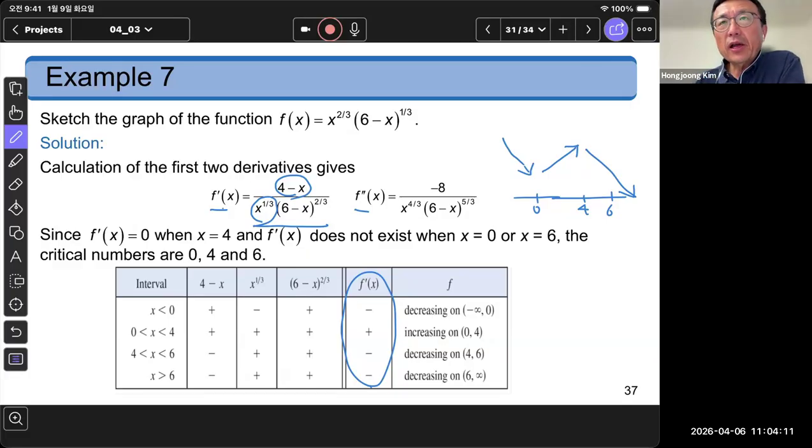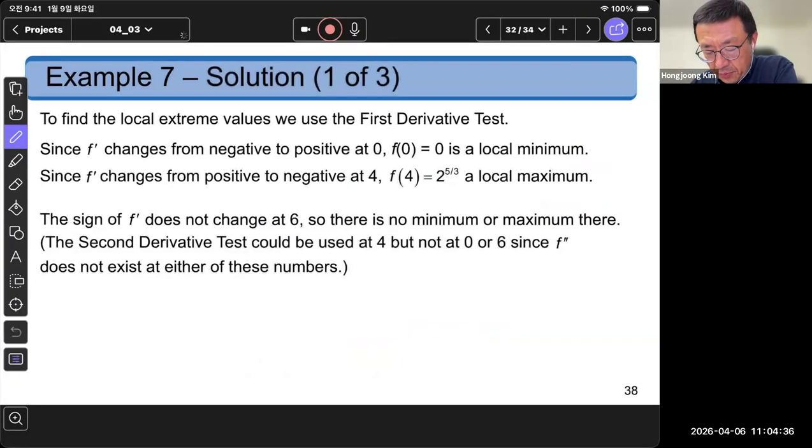Now, if I have f double prime, I can combine some information from the concavity. And similarly to f prime, f double prime has -8 as the numerator, which is always negative. But the problem occurs when x is 0 or 6.